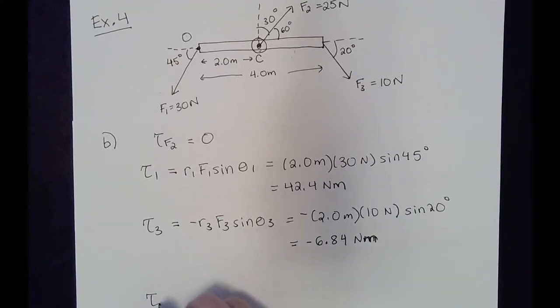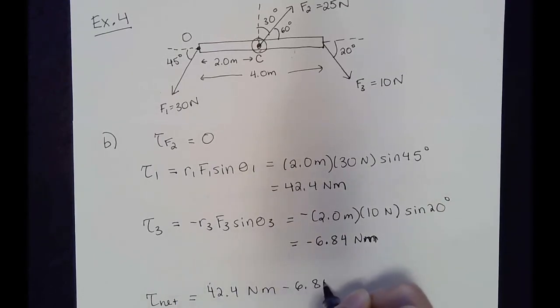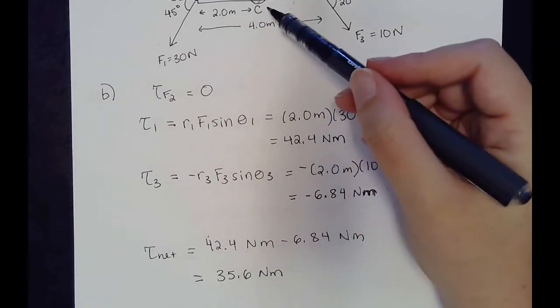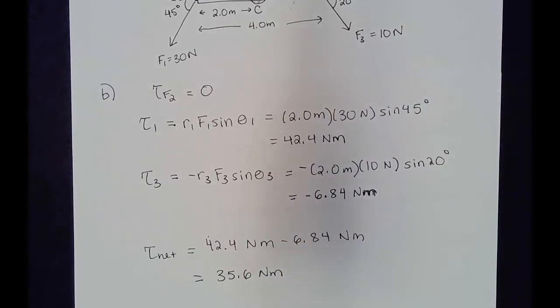Okay, and the net torque will be the sum of all the values, 0 plus 42.4 newton meters minus 6.84 newton meters. And that gives a net torque of 35.6 newton meters if the axis of rotation were instead to be at the midpoint of the object.